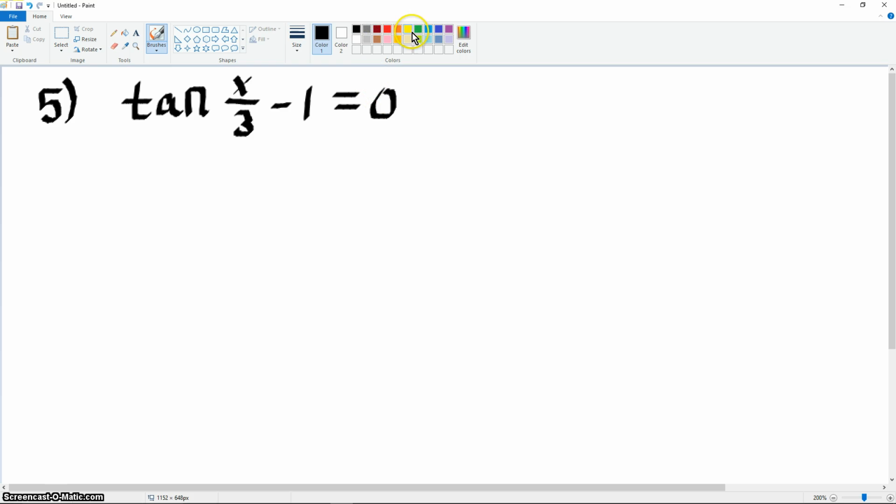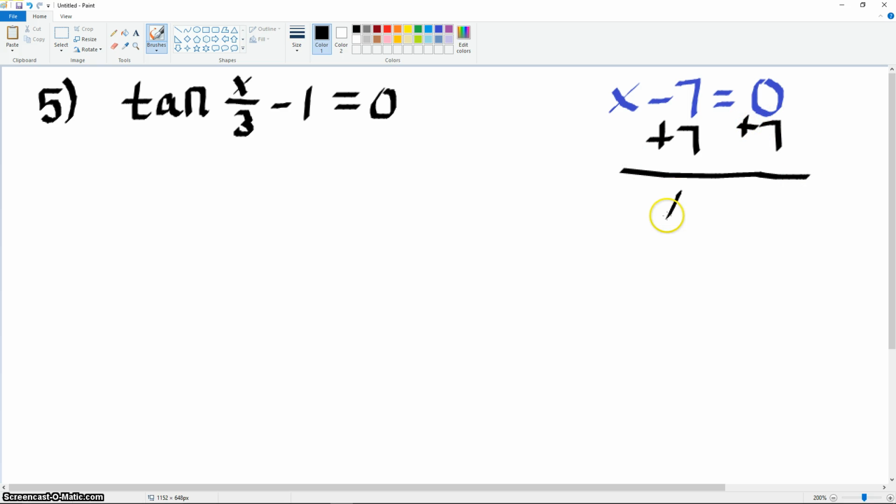That's like me saying, in algebra, x minus 7 is equal to 0. And what would you do in algebra? You would add 7, so you get x is equal to 7. Let's apply that same concept to the actual problem. We're going to add plus 1 to both sides.